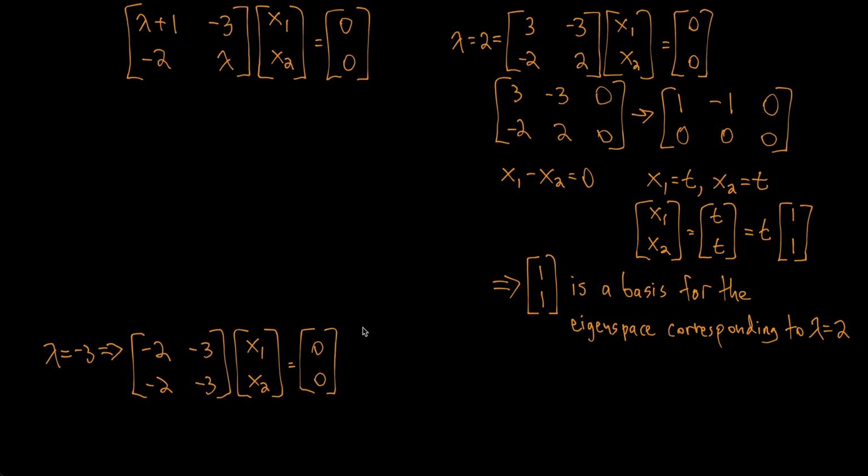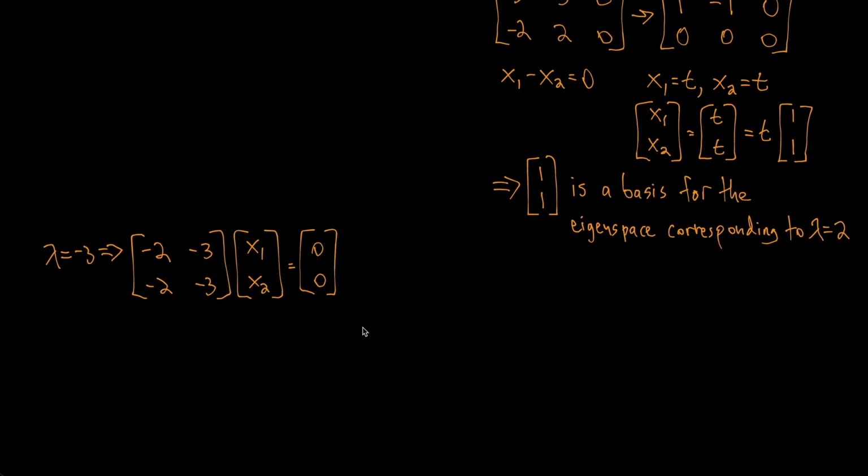Okay, so I will again augment my matrix. I'll get minus 2, minus 3, 0, minus 2, minus 3, 0, and now it's super obvious that the row is duplicated. So the top row I'll divide by minus 2, and I will get 1 and 3 over 2 and 0, and the bottom row I'll subtract off and just get 0.